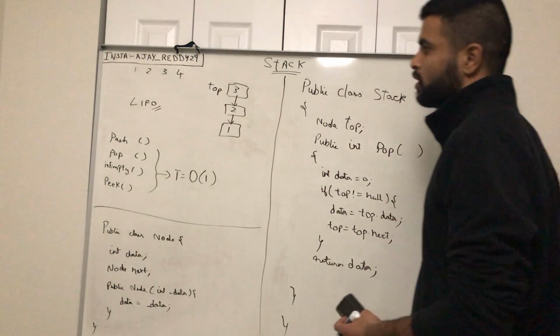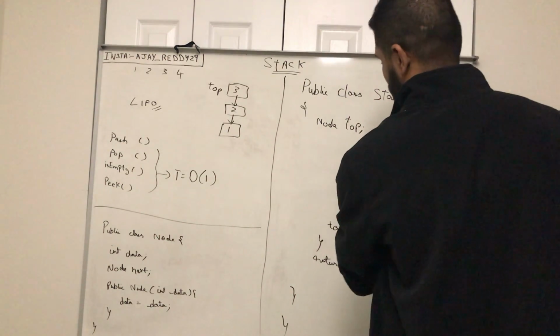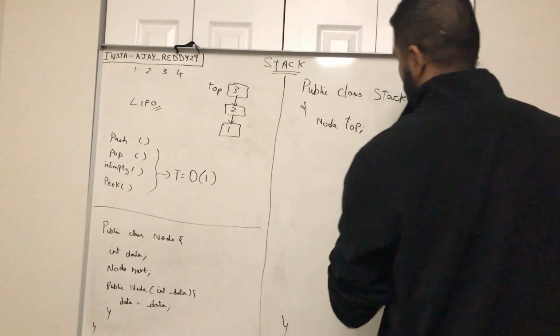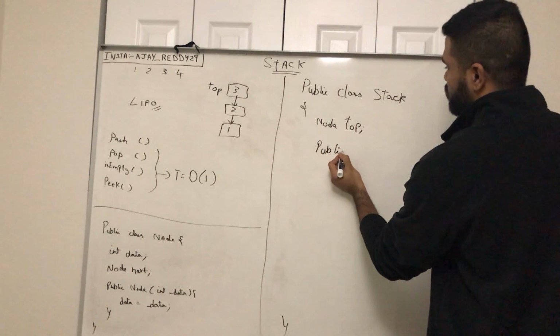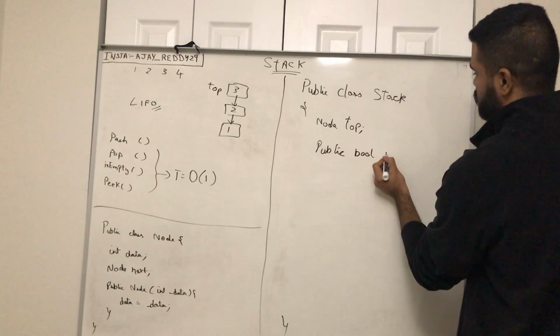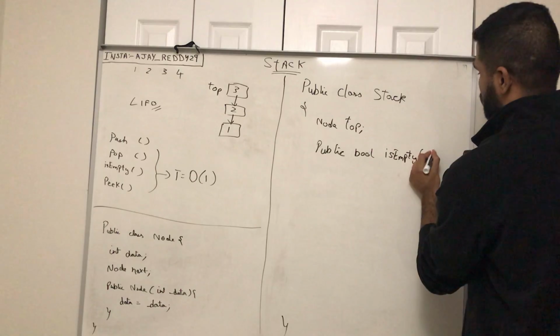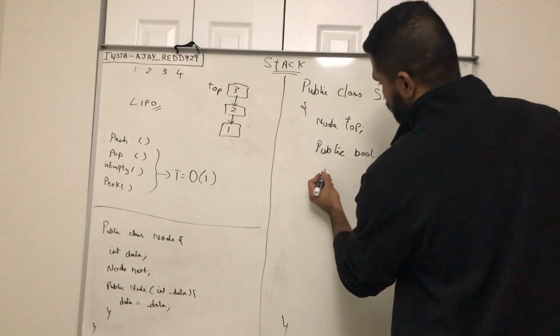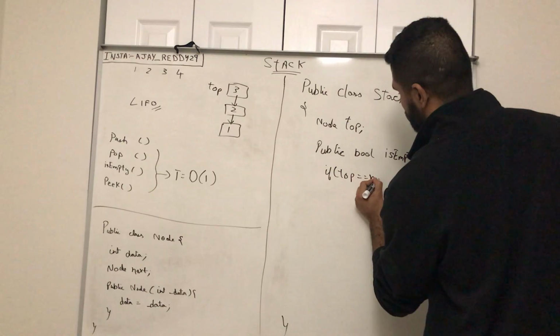So let's see how we can implement isEmpty. isEmpty is to check whether the stack is empty or not. For that, the return type would be bool. I'll just check if top is equal to null.